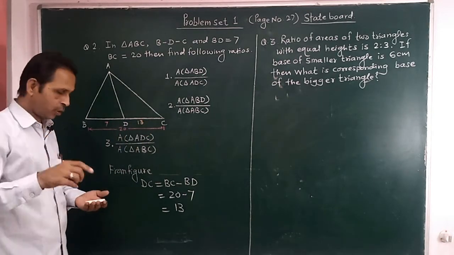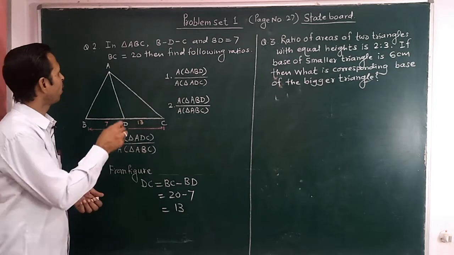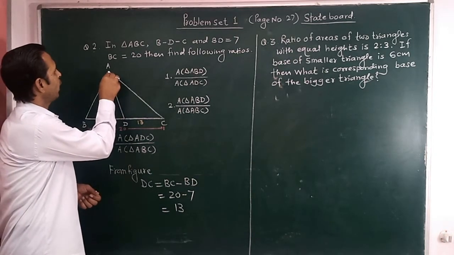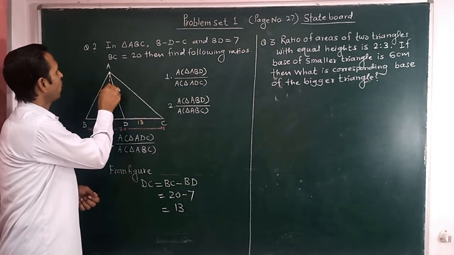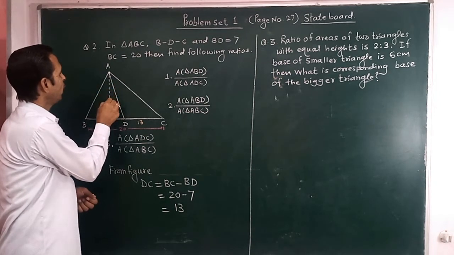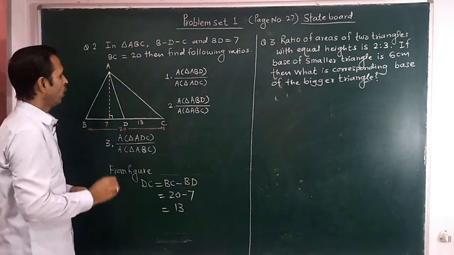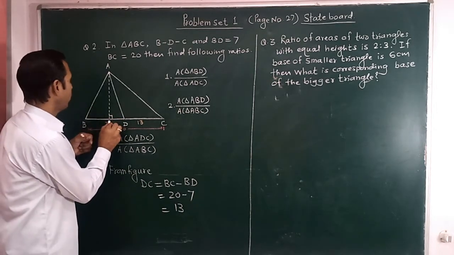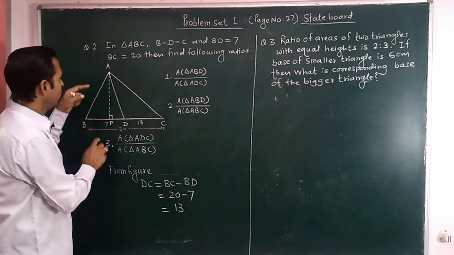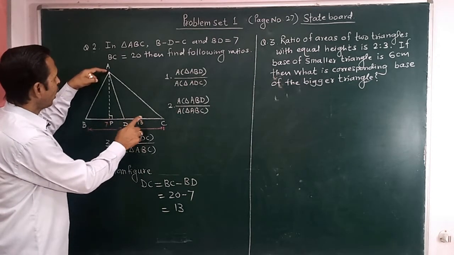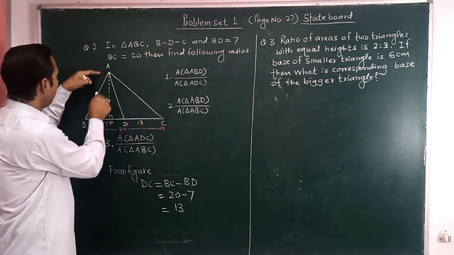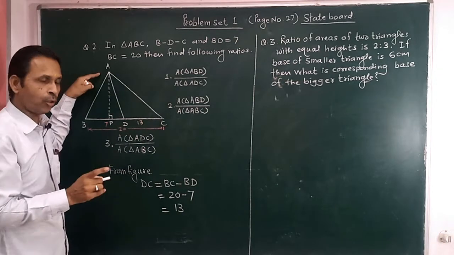Now again observe the figure. A is a vertex, and if you draw the perpendicular from A to the side BC, then suppose this is AP. This AP is the height of triangle ABC also.